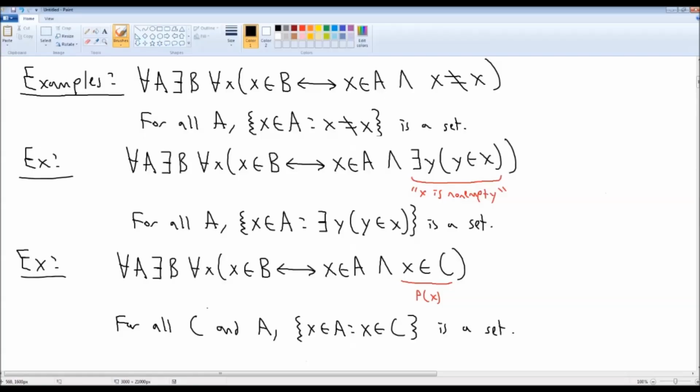In other words, for any set C in A, this is also a set, the set of things in A which are also in C. You may notice that this is just the intersection of the sets A and C. This little symbol here means intersection.